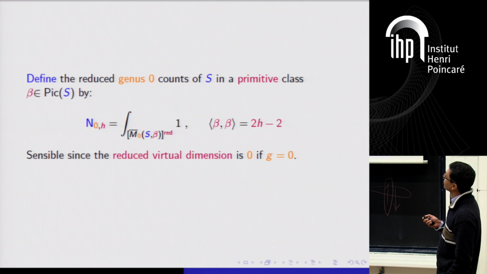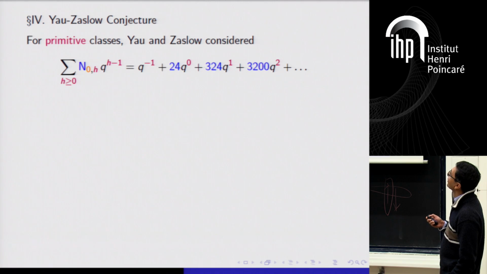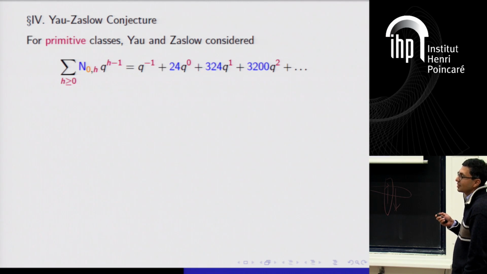I explained this curve has this class beta, and we look at the intersection form, which is given by that rank 22 lattice, and it's indexed by this number H. So this H is telling you somehow the geometry of the homology class of this curve. And the idea is to arrange this in a generating series, that we have these numbers, and there's this q variable, and you raise it to the power here. This is only about rational curves, genus 0. And this number goes in that.